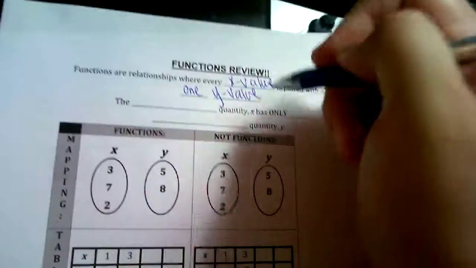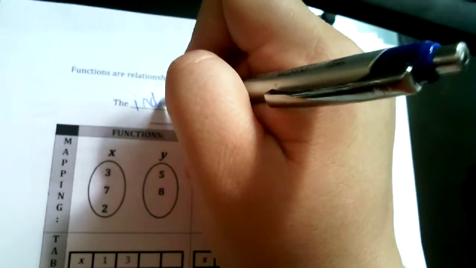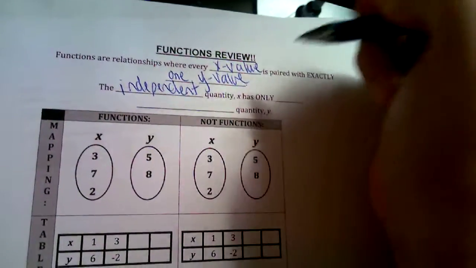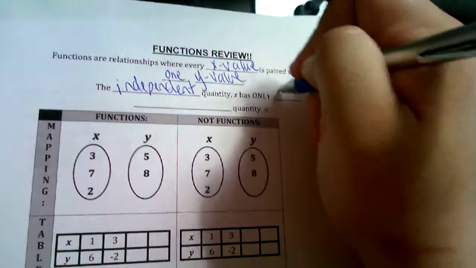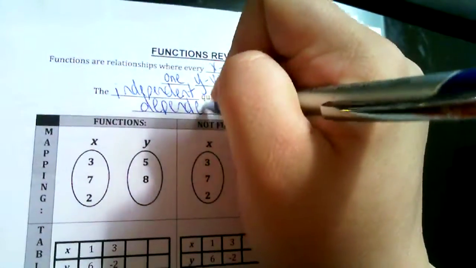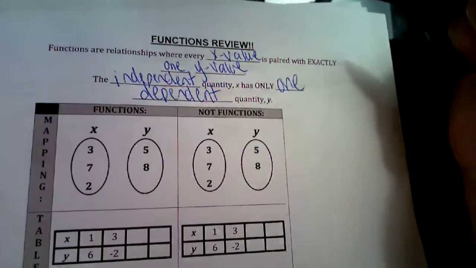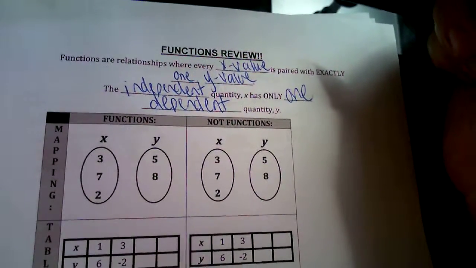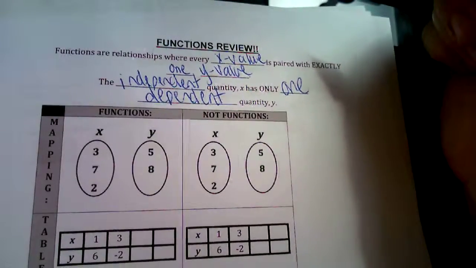We're looking for x values, that's the independent quantity. X has only one dependent quantity, y. And the way we look at mapping or anything with the function, that means x can only be used once.